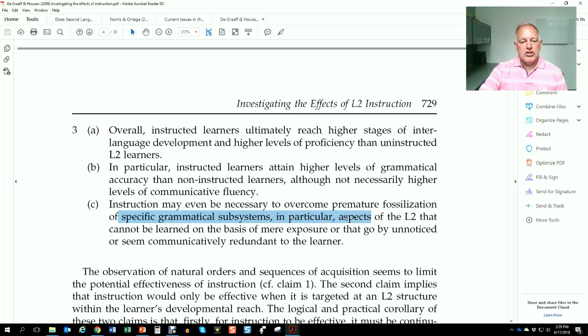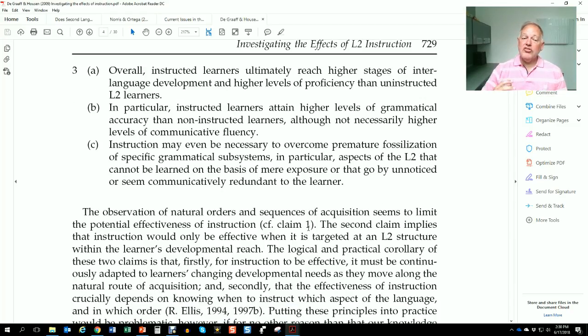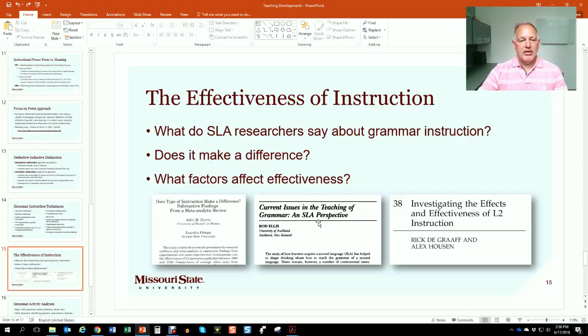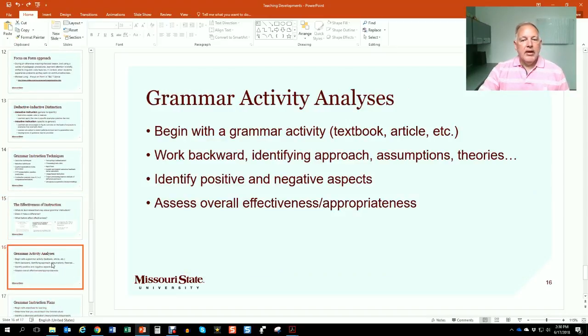Those are just 4 examples from the research that I wanted to draw your attention to. I didn't put Michael Long 1983, but Norris and Ortega 2000, 2001, Ellis 2006, and De Graaf and Housen, that's 2009.